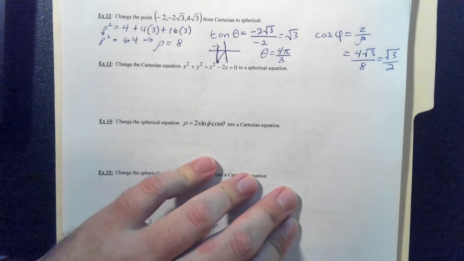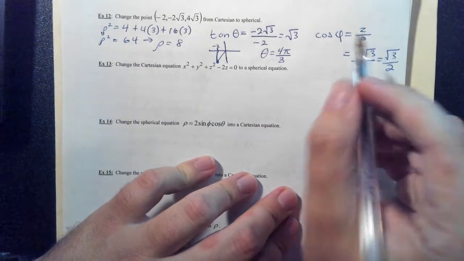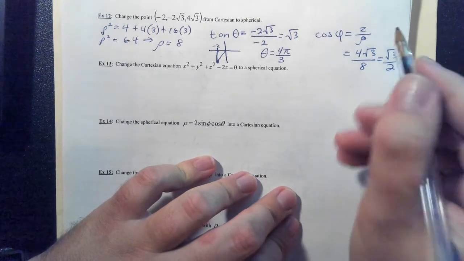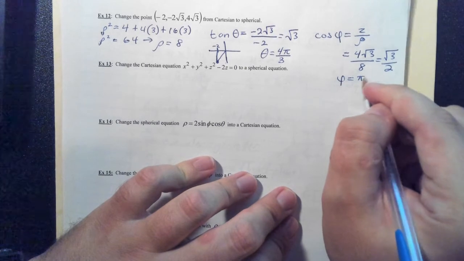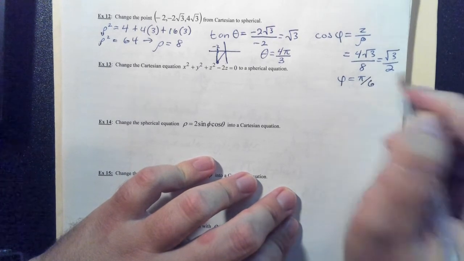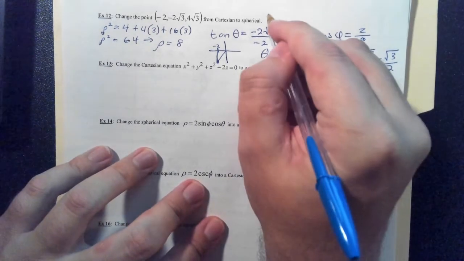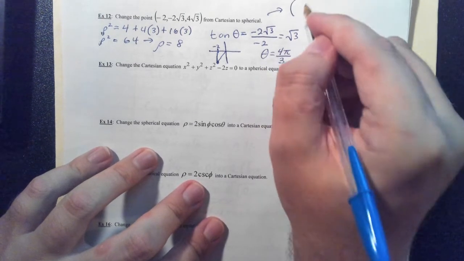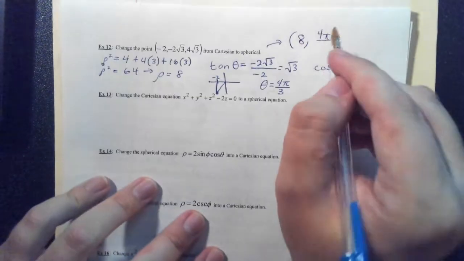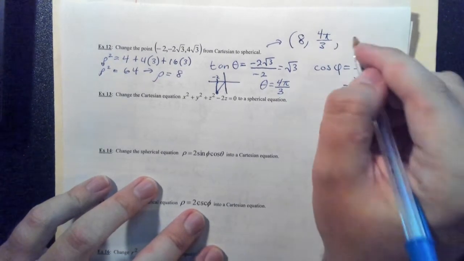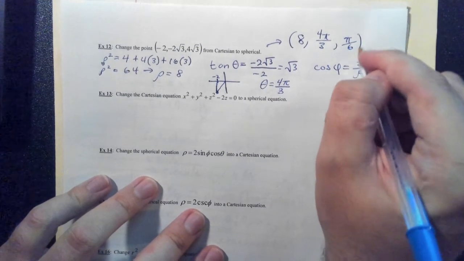Phi is acute, which makes sense. Phi is pi over 6. So my coordinate in spherical would be 8, 4 pi over 3, pi over 6.